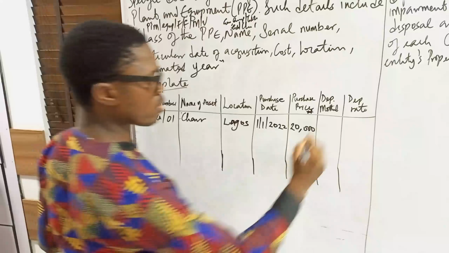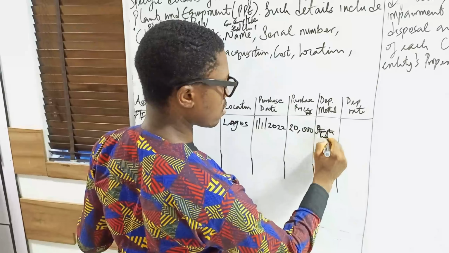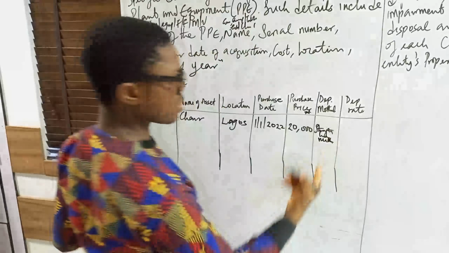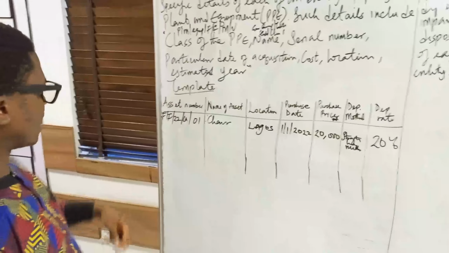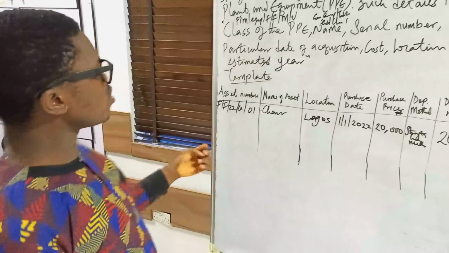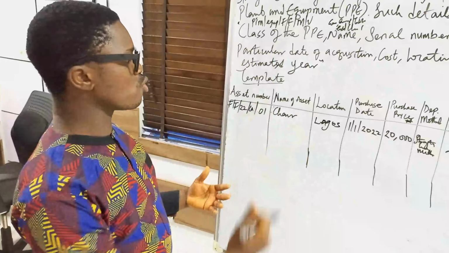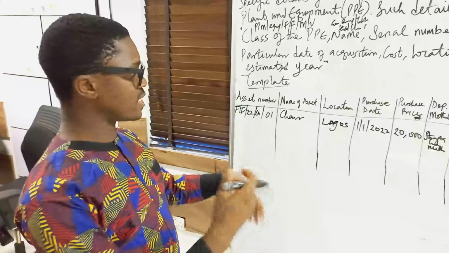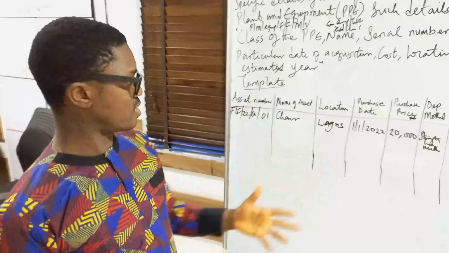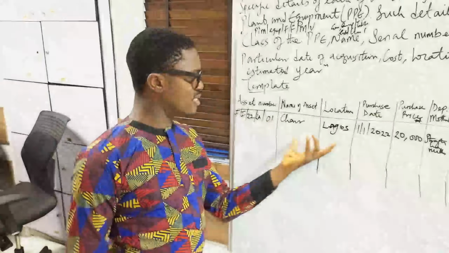For furniture, we have the straight line method, with the depreciation rate next. Usually, what we'll do is create a Google sheet that will have the template for fixed asset register and fixed asset schedule. But in this scenario, this is what we have here.